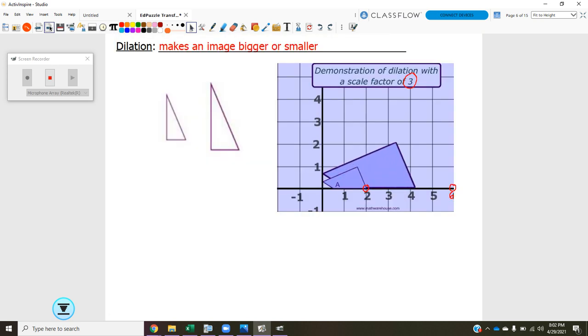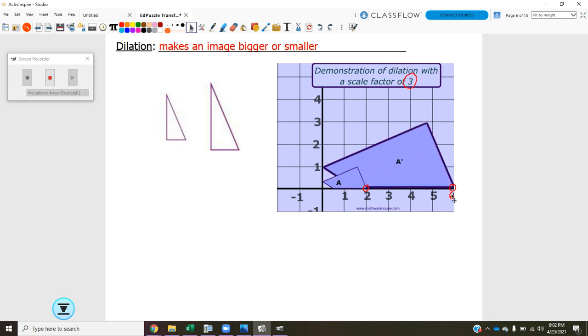A dilation makes an image or a shape bigger or smaller. So you'll notice in this diagram it says dilation with a scale factor of 3. So the original shape is labeled with an A, and I just picked this corner here because it was right on the 2. And when it grows to full size, that same corner is on the 6.